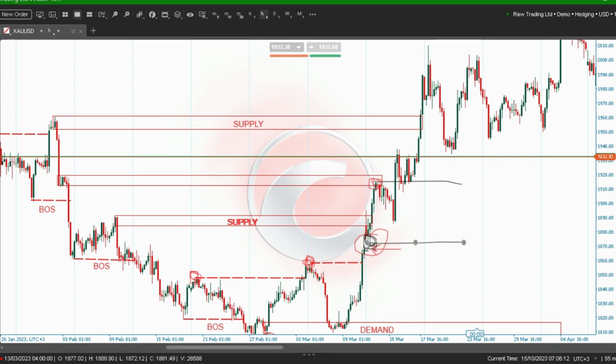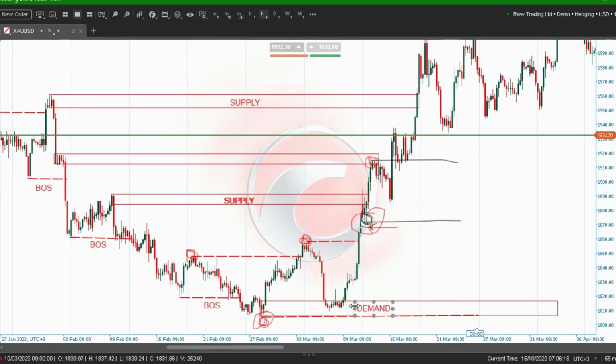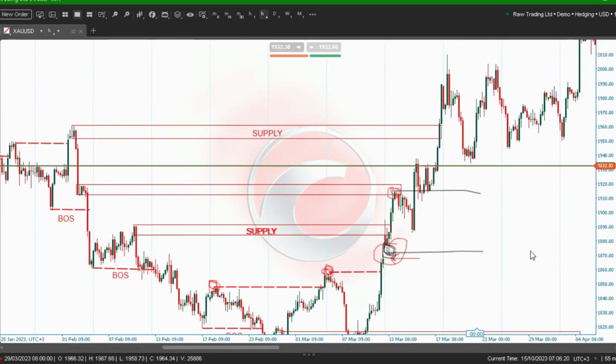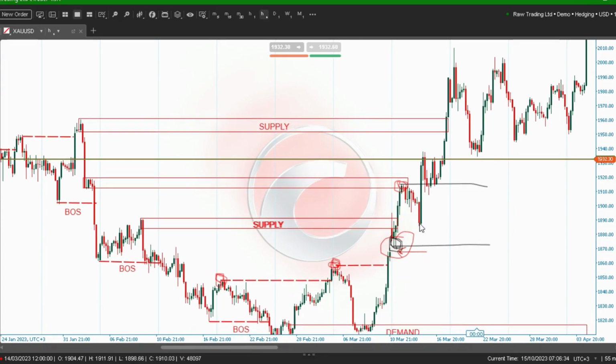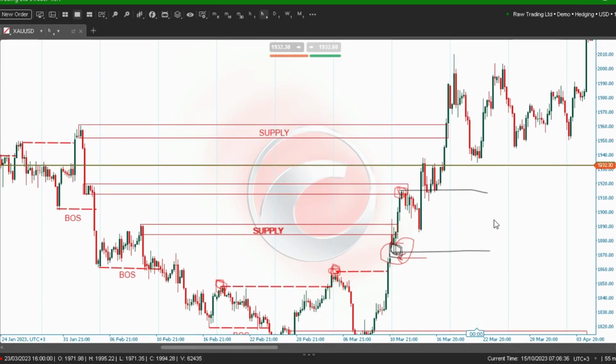So if it broke this zone here, I would wait for a pullback and sell, targeting which point? This demand zone here. Alright, okay, but because it's within the range, and if you use a Fibonacci tool here, you see it was retracing at around, below 50%.